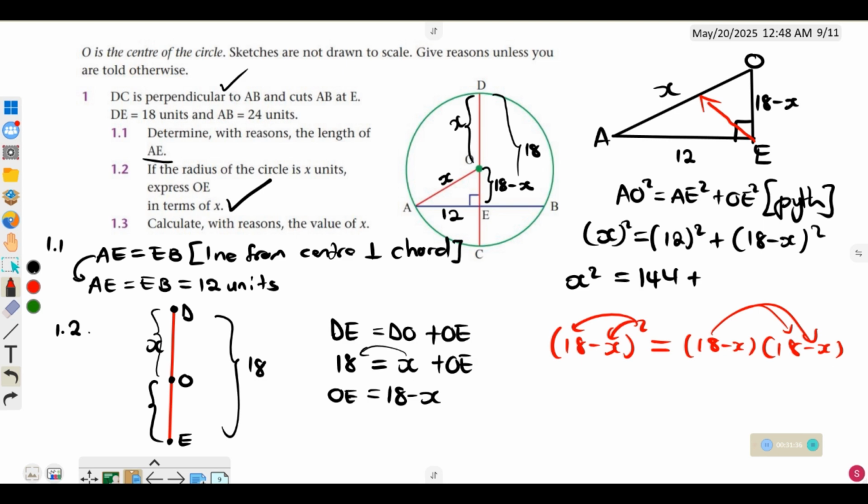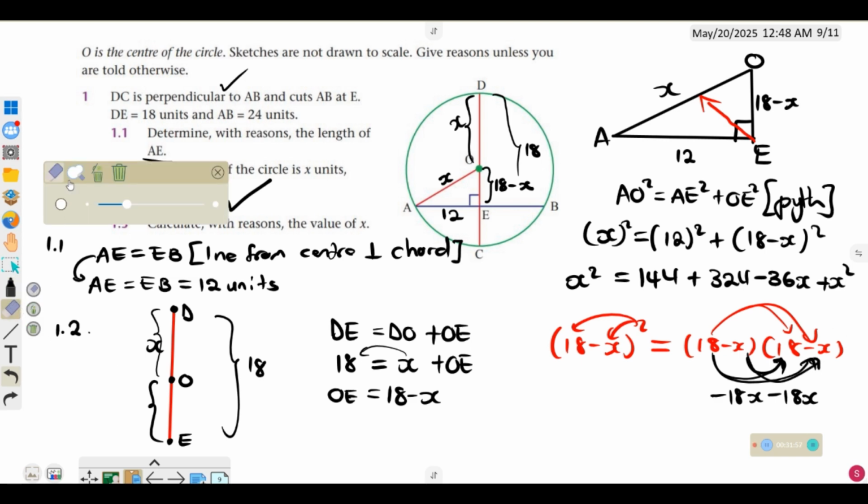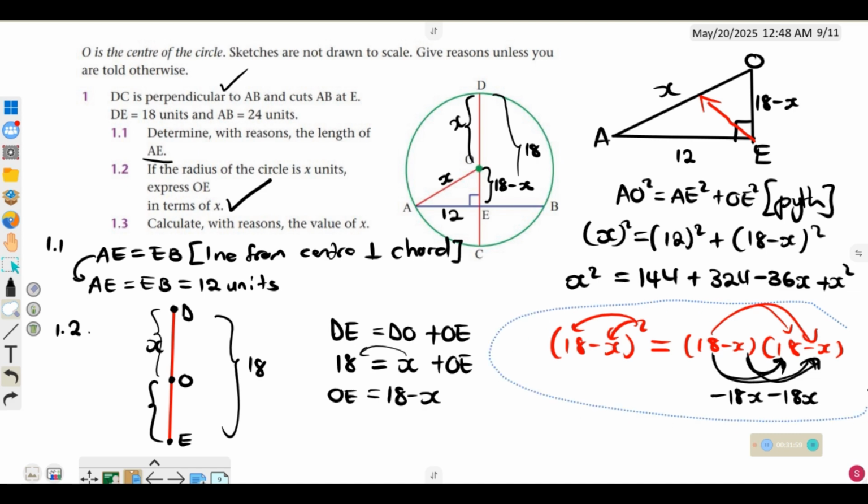As you can see, when I use the FOIL method, 18 times 18 gives 324. Then 18 times negative x gives negative 18x. Again, negative x times 18 is negative 18x, and that gives minus 36x. Lastly, minus x times minus x is positive x squared. There you have it. Avoid those mistakes.